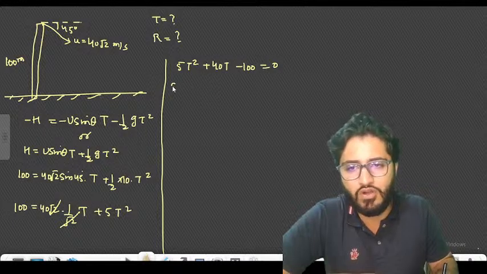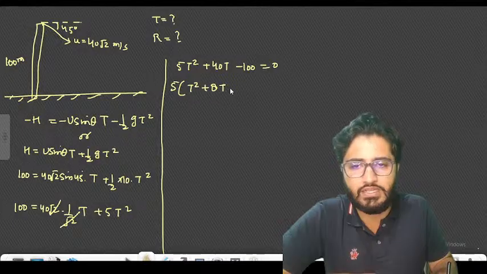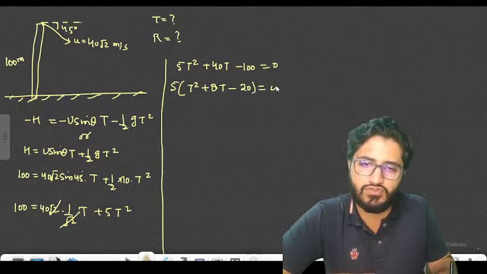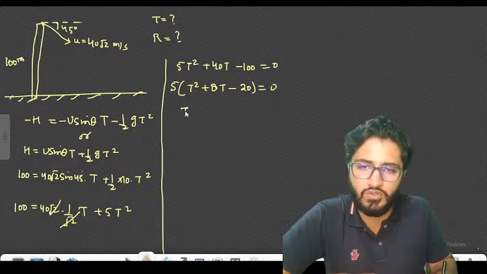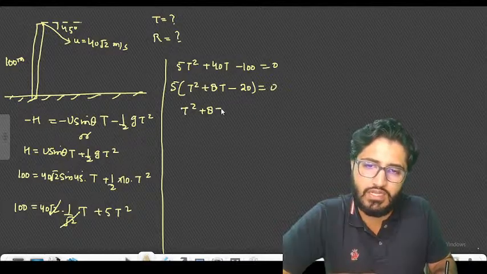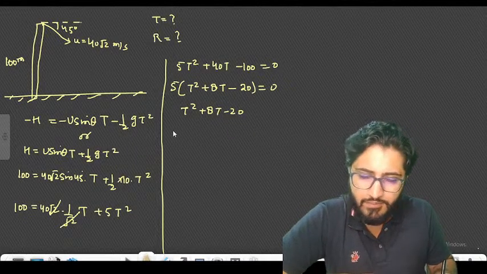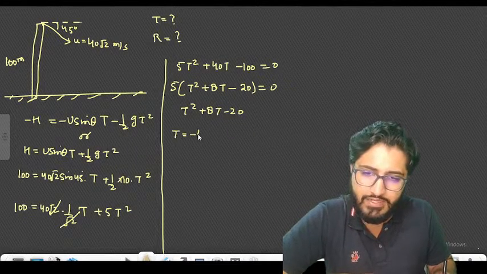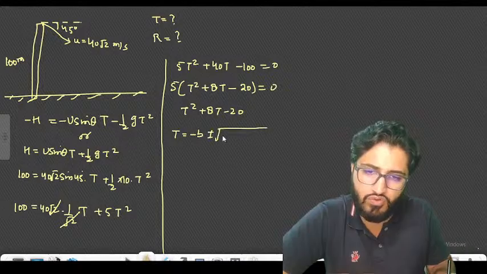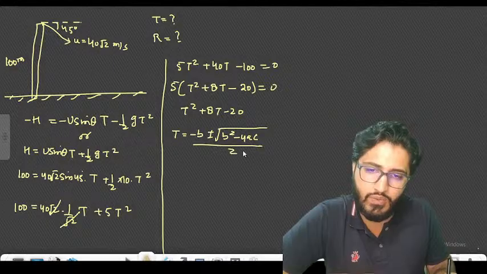I can take 5 common. So it is t square plus 8t minus 20 equals to 0, right? Same, t equals to minus b plus minus under root of b square minus 4ac divided by 2a.